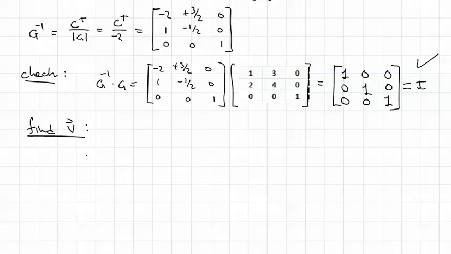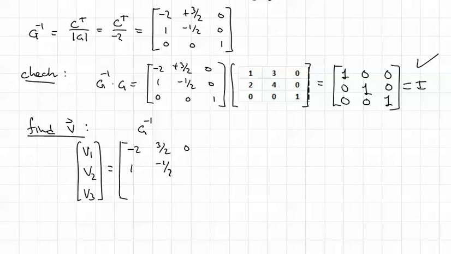So we're going to find V. So V1, V2, V3 is equal to, and here we write our G inverse. So this is G inverse. It'll be minus 2, 3 halves, 0, 1, minus 1/2, 0, 0, 0, 1, times S. And here, S is 1, 2, 3.